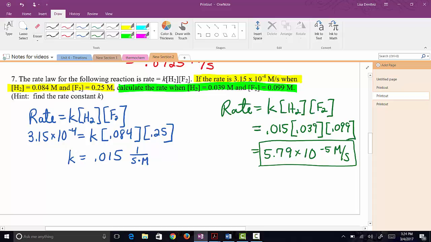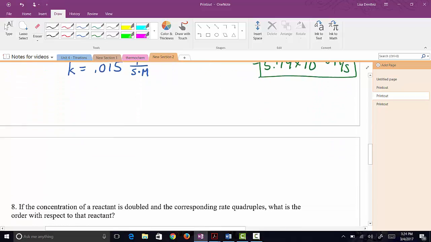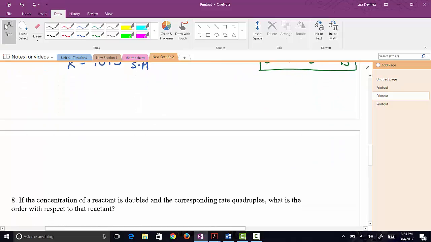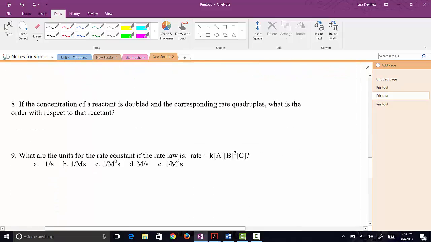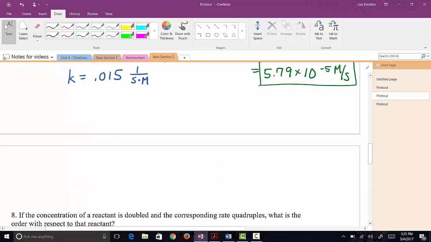One last note, while I'm thinking about it: in some problems, you will see where they give you a rate for a reaction, and it doesn't specify that this is the rate of change for a particular reactant or product.